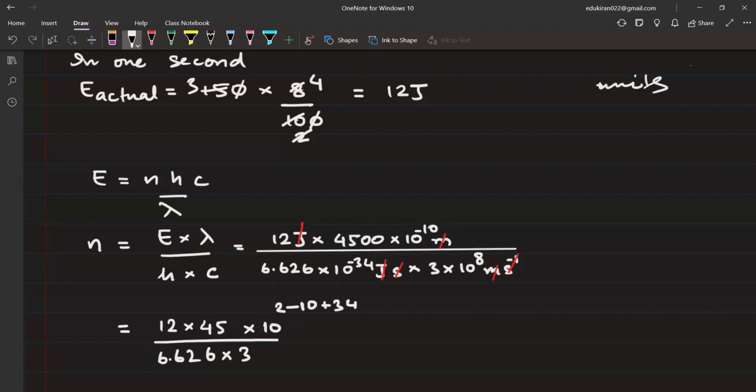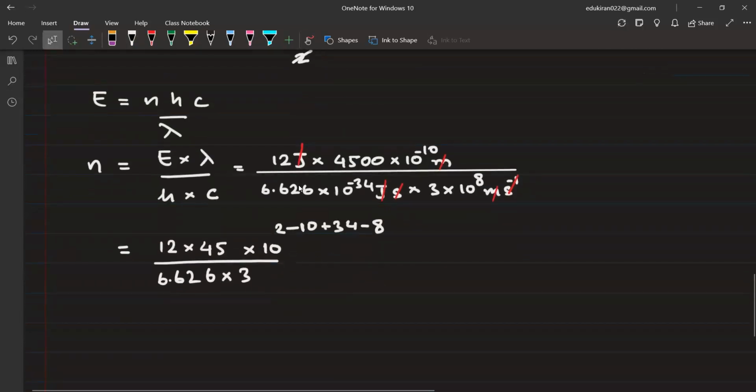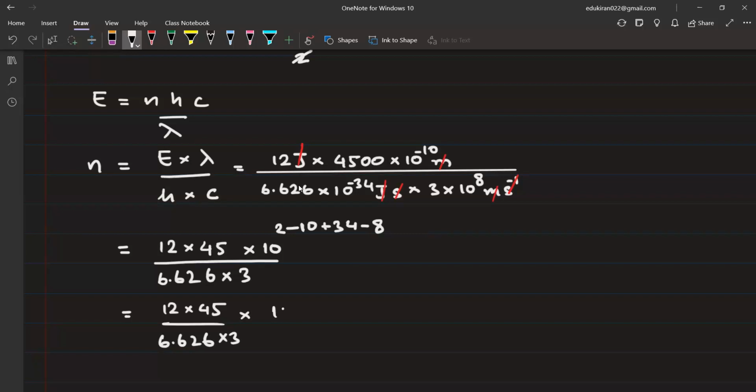Here we have 10 to the power 8, it will go above and it will become 10 to the power minus 8. Now we can do the calculation here. So 12 into 45 divided by 6.626 into 3 multiplied by 10 to the power 2 minus 10 is minus 8. Minus 8 and minus 8 is minus 16.